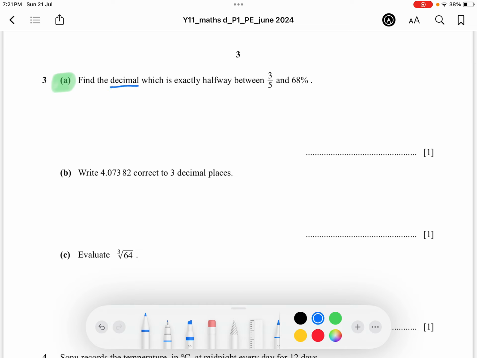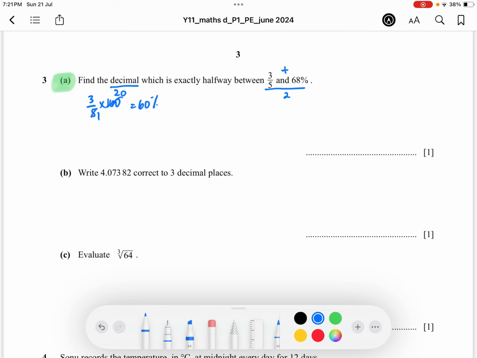Next one, asking for your decimal between the two numbers. What you usually do is you add the two numbers and then divide it by 2. But in this case, both numbers are in different format. So either you change both numbers into fraction, both into decimal, or both into percentage. Either way works. In this case, I would like to show if I change both numbers into percentage, that means I've changed this fraction into percentage.